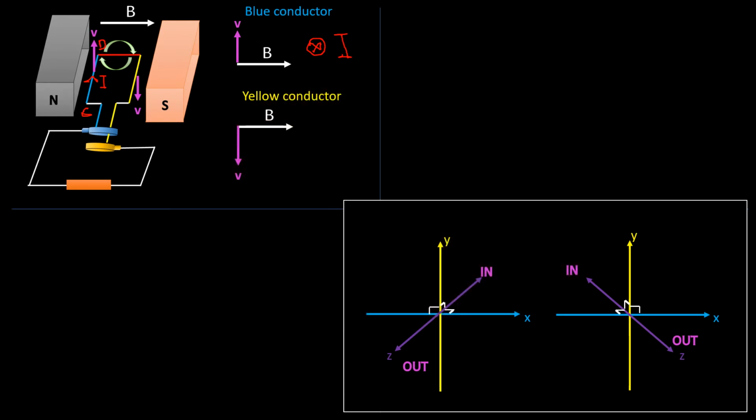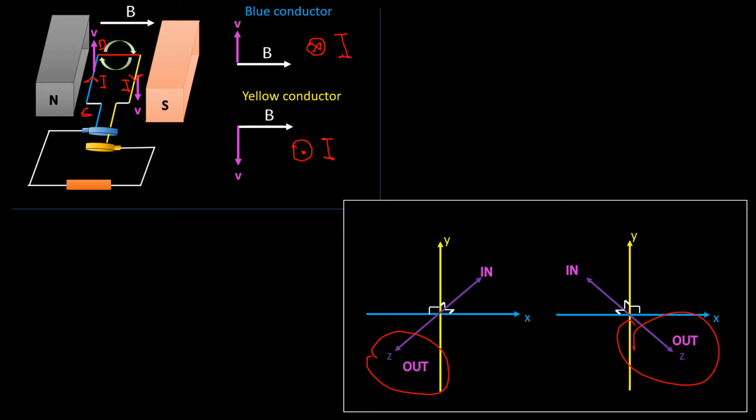This means that for your yellow conductor, you will experience an induced current that is flowing out from the page. So your I is flowing out from the page. Notice that out from the page looks like this. So your yellow conductor will experience current flowing in this direction.